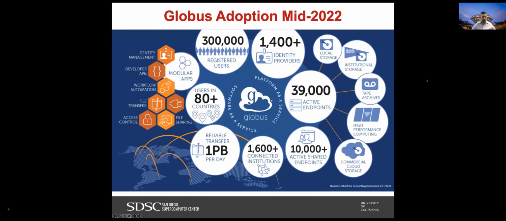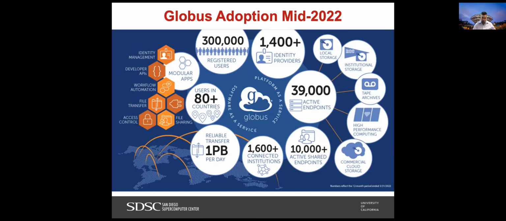So this is a slide that I got from one of the Globus team last year to give you an idea of the adoption. One of the reasons that Globus is a useful tool for our community is the level of usage throughout the international community. Many users are familiar with it. It ties into our existing identity management platforms through resources like InCommon and Internet2.